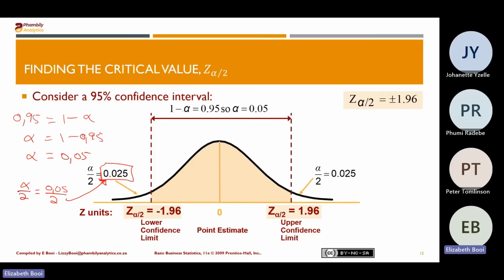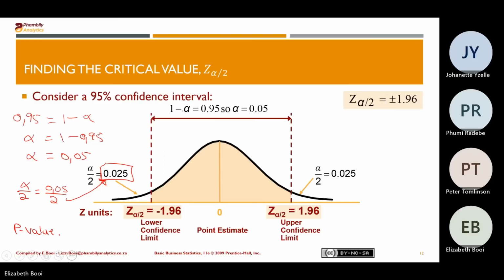Remember, alpha is also your p-value, your probability value. Later on, don't get confused when we start introducing words like p-value. They mean the same thing: probability value, shortened later on to p-value.